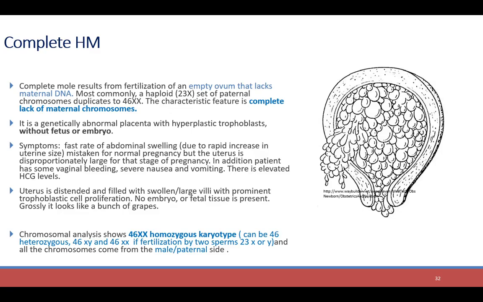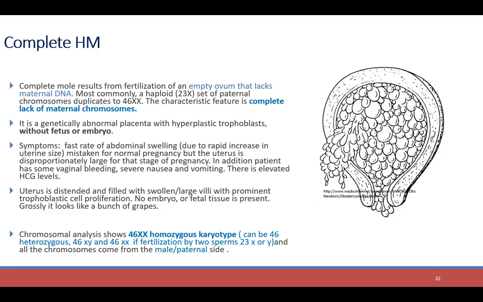One more important issue is the presence or absence of fetus. Remember an important feature: there is no fetus in complete mole. We can see a fetus in partial mole. So the presence of a fetus completely rules out the diagnosis of complete mole.